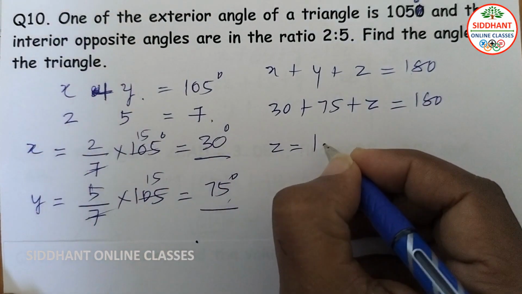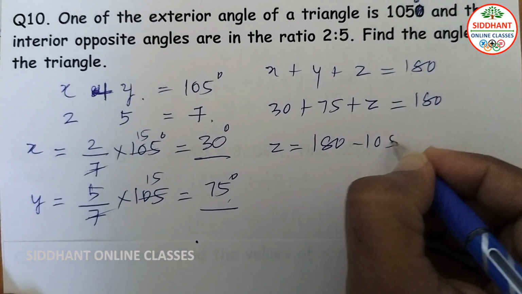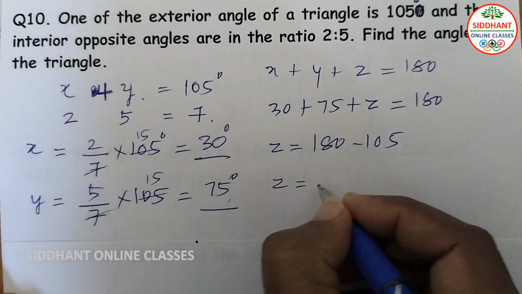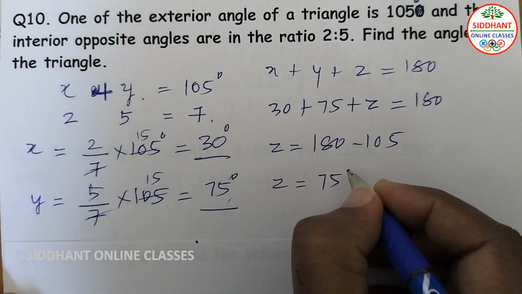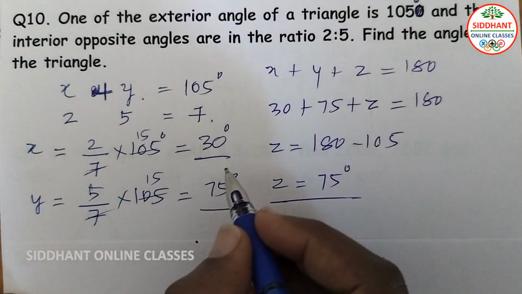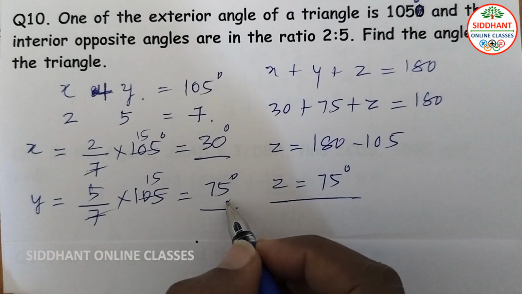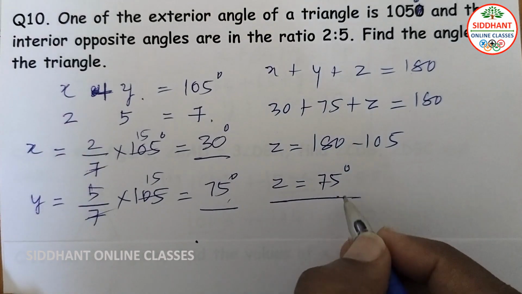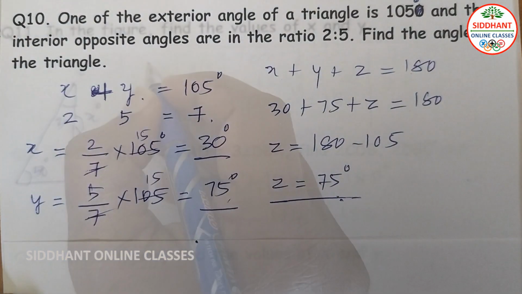So z is equal to 180 minus 105, so z is equal to 75 degrees. So one angle is 30, the other is 75, and the third one is also 75.